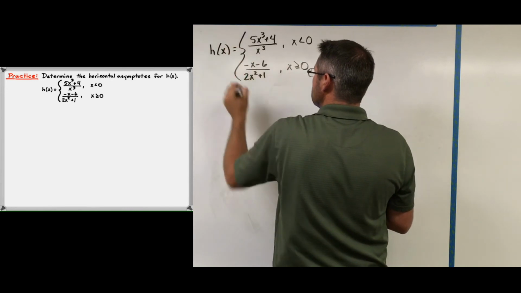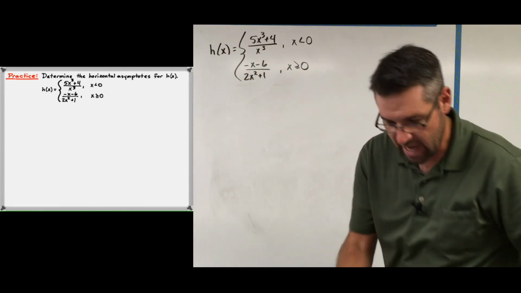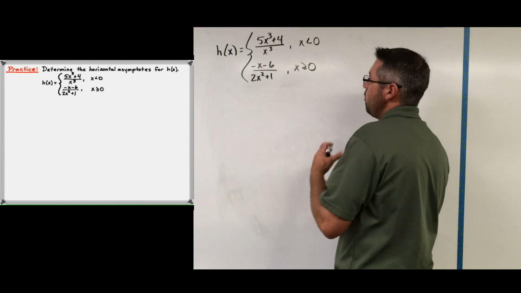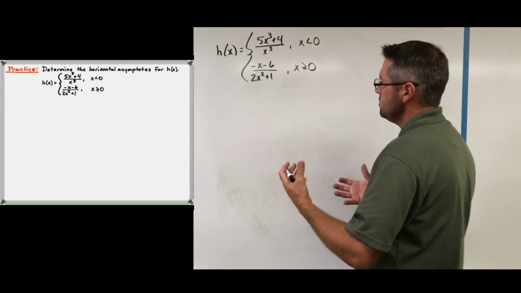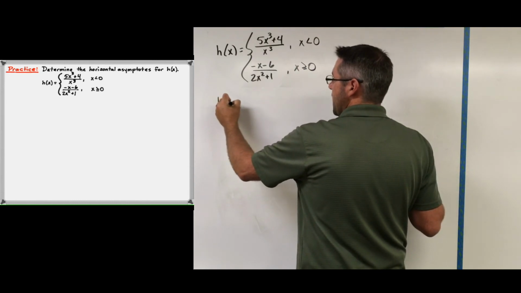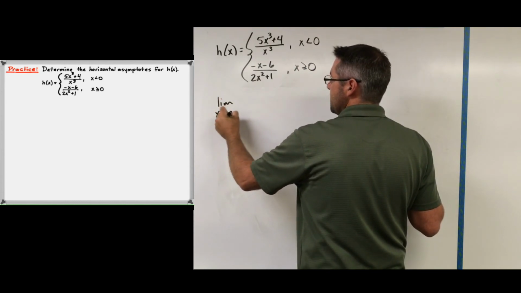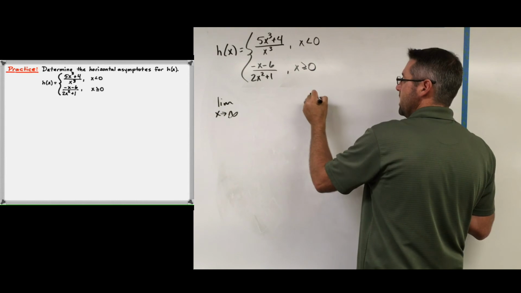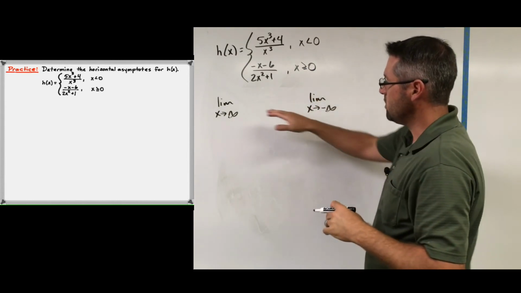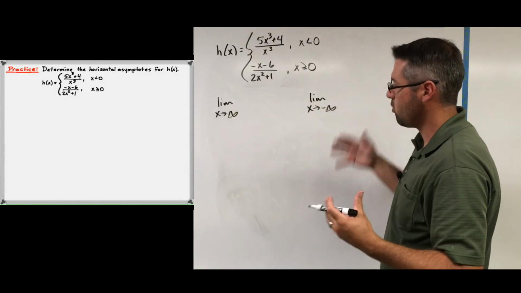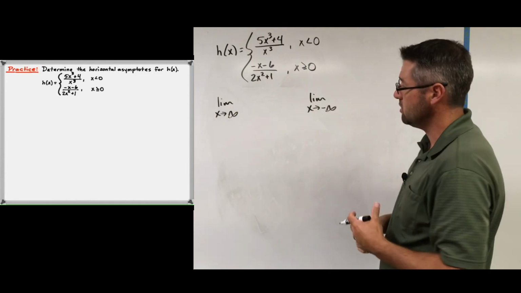So we have a piecewise function here, and it says determine the asymptotes. In order to find the horizontal asymptote, you take the limit as x approaches infinity and the limit as x approaches negative infinity. Okay, if you get a numeric answer out of either of these, then you have a horizontal asymptote there. That's the definition.